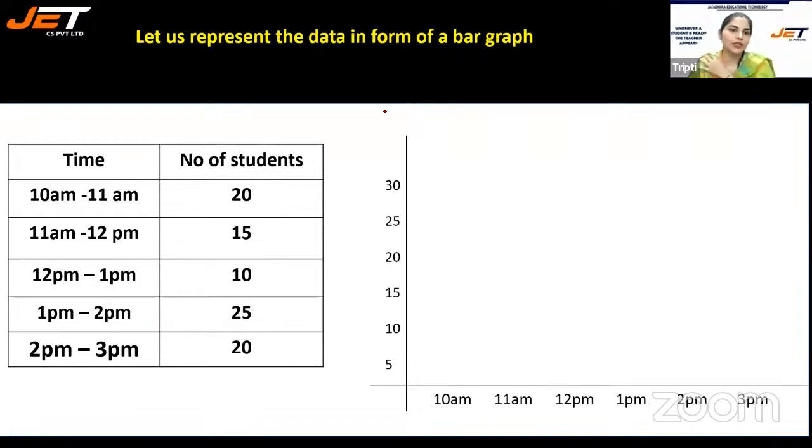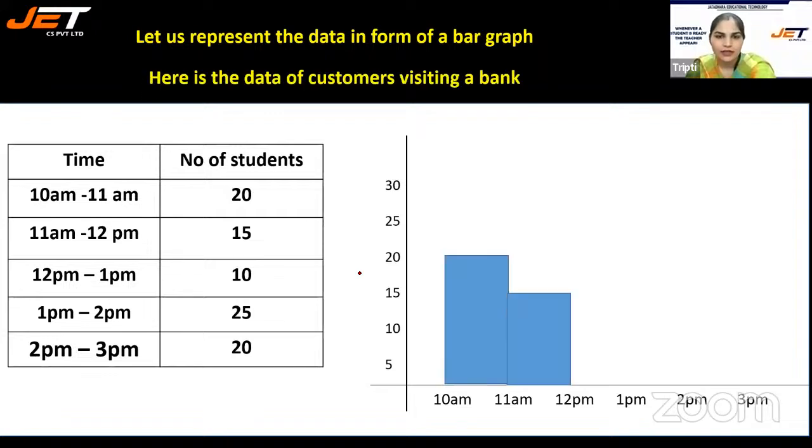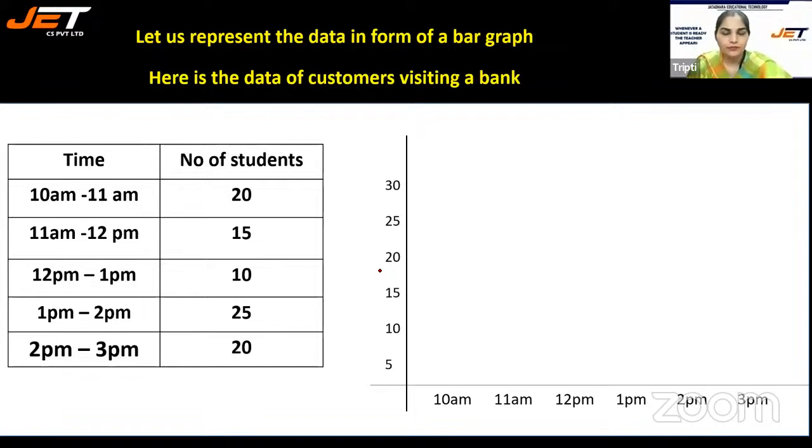Let's go to the next question. Let's do this, the last question. You have to represent this data of customers visiting a bank. So time interval is given, like between 10 a.m. to 11 a.m. How many customers visit the bank? 20 customers actually visit the bank at that time.